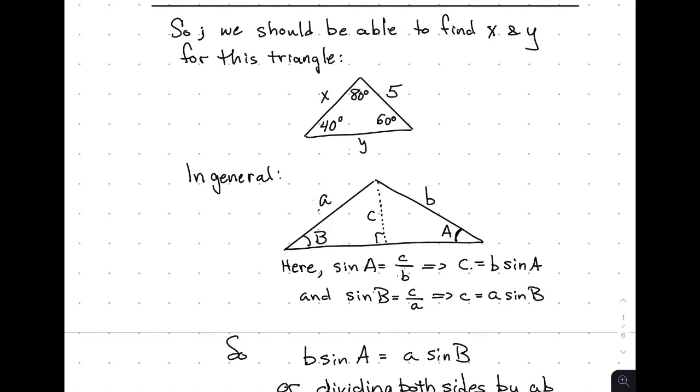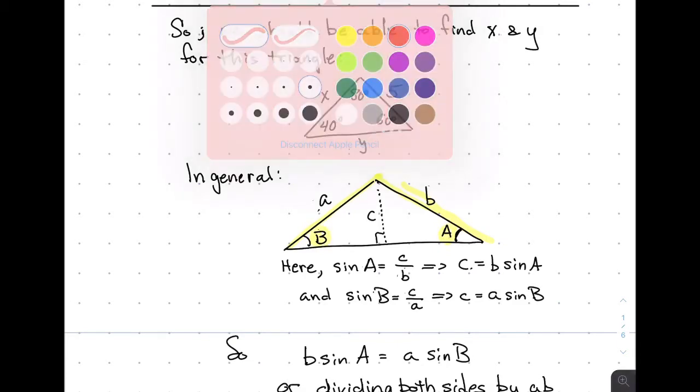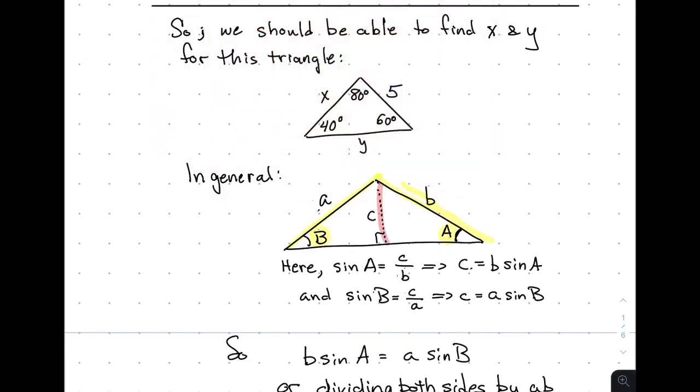Let's talk more generally. Let's suppose we have a triangle with a side A, a side B, an angle A, and an angle B here. And what we will do is construct this height, which breaks this triangle up into two different triangles.